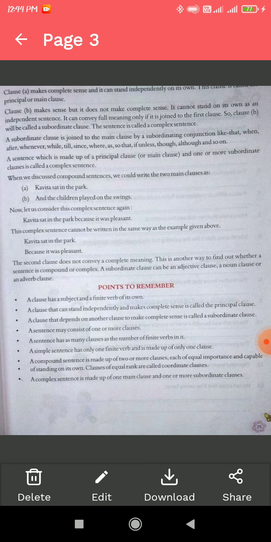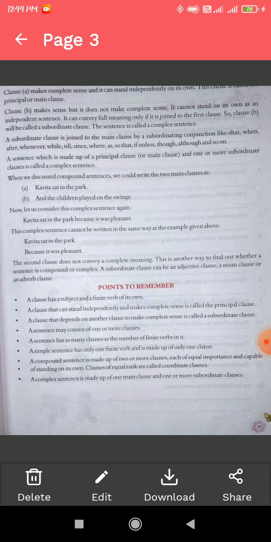But in the case of a complex sentence, if there is one principal clause and one or more subordinate clauses, it is called a complex sentence. Kavita sat in the park and the children played on the swing. So it is a compound sentence because both clauses are different sentences that make sense.